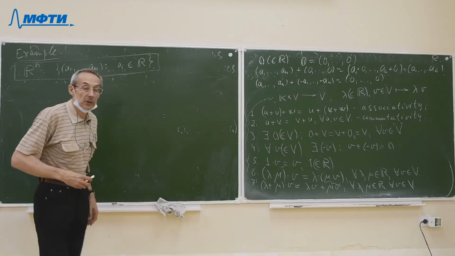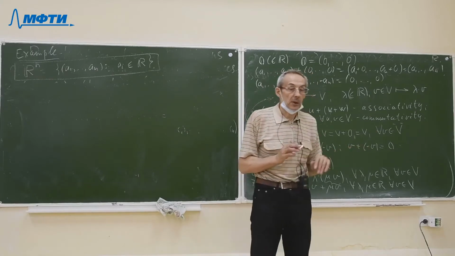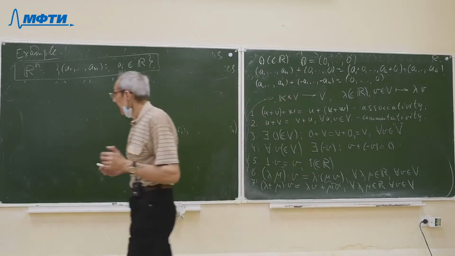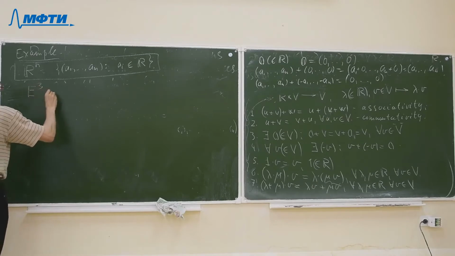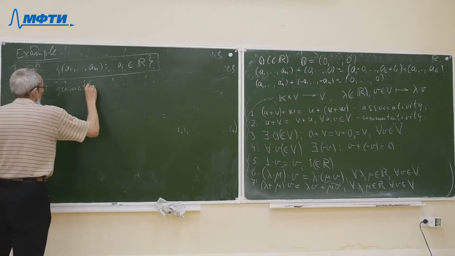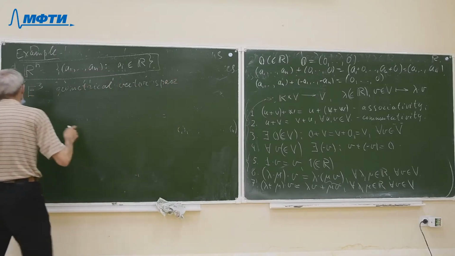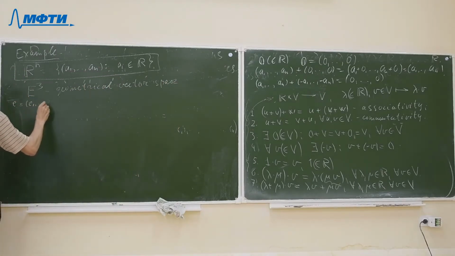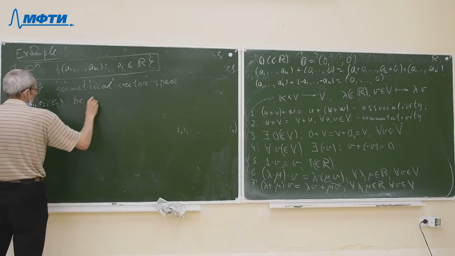If we have a geometrical vector space, the space of all vectors in geometrical space, and if we choose some basis of three non-coplanar vectors, let E1, E2, E3 be a basis.